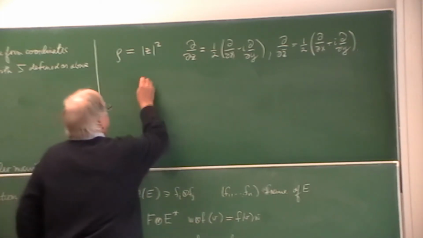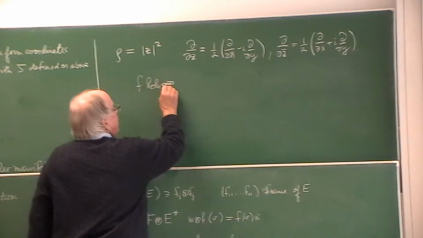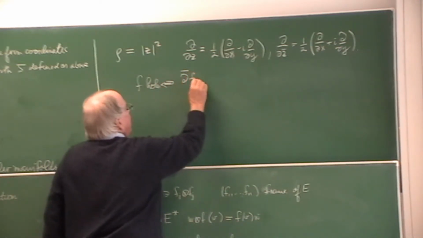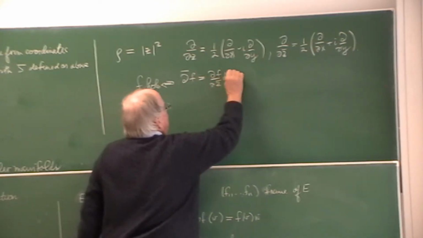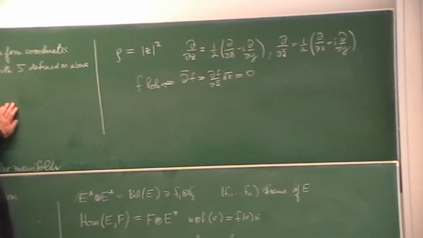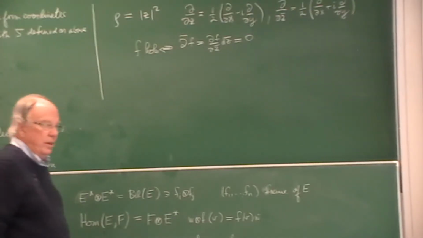And you recall that f is holomorphic if and only if d bar f, which is equal by definition to df over dz bar, equals 0. So already the d bar operator is going to play a role.